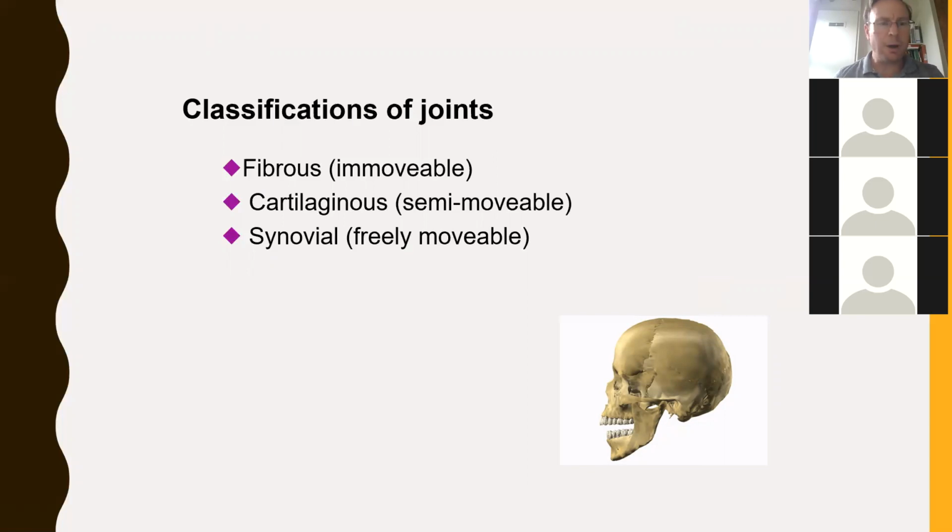Make sure that you've got one that is fibrous immovable, one that's cartilaginous semi-movable, and one that's synovial freely movable. Just put in headings on your page 16. It says 4.1, describe the classifications of joints. So I just want you to write down your headings.